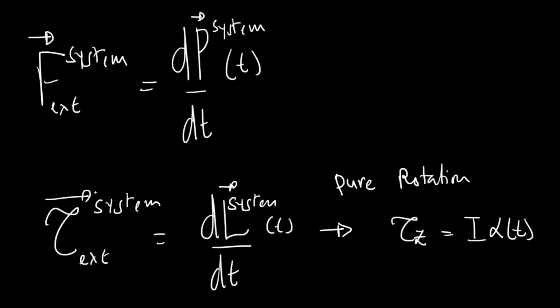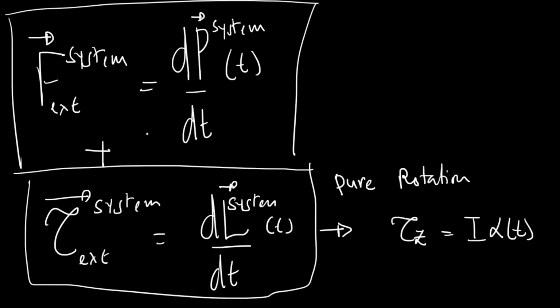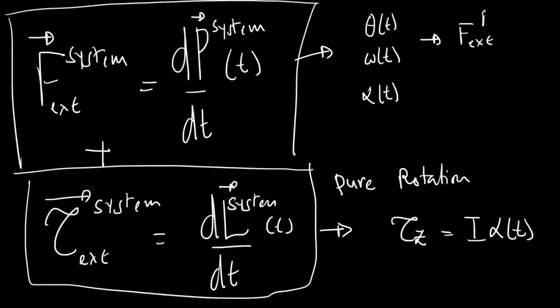And so these two have been beautifully exploited together to make predictions about alpha t, omega t, theta t, and then from there also the external reaction forces from the pivot.